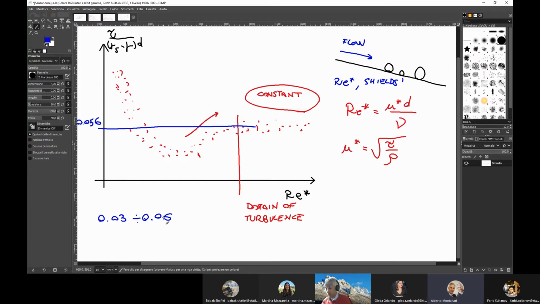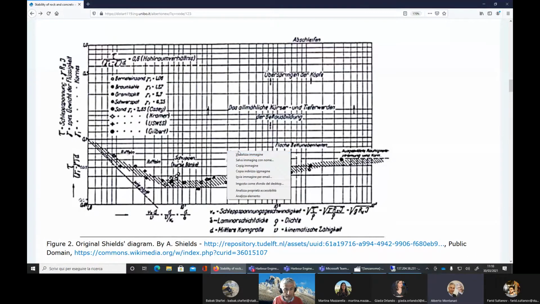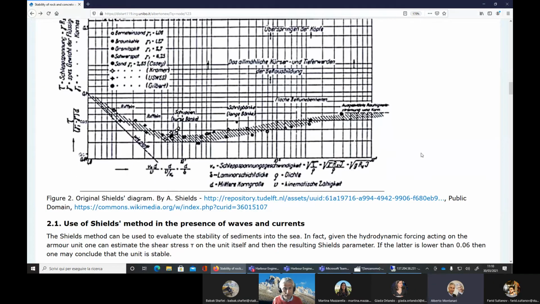Before we make the break, let me show you the original diagram by Shields. Here it is. This is the original Shields diagram. It's not clearly legible, but if you look at where my mouse is pointing, it's 0.05.